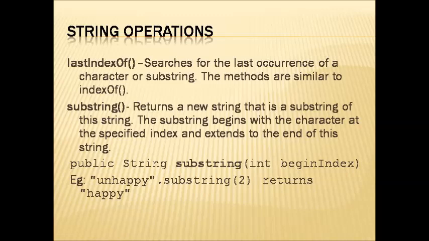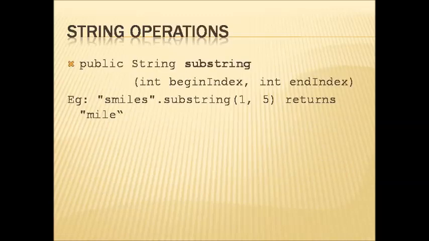Here you can see an example. In this example we are mentioning a starting index and last index also. Smiles is the given string. We are going to find the substring between the index 1 and 5, which will return mile.